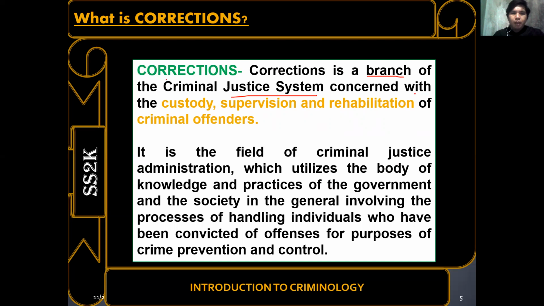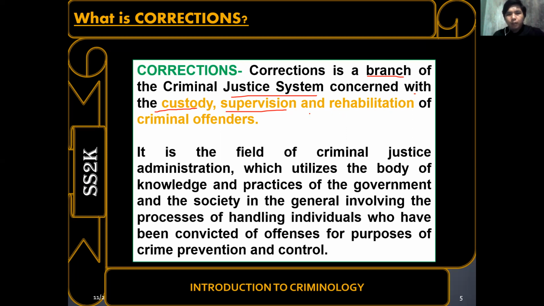It is responsible for custody, pangangalaga doon po sa ating mga kapatid na nahatulan. Supervision, they supervise those people who are convicted by final judgment, and those awaiting trial, or awaiting final judgment.